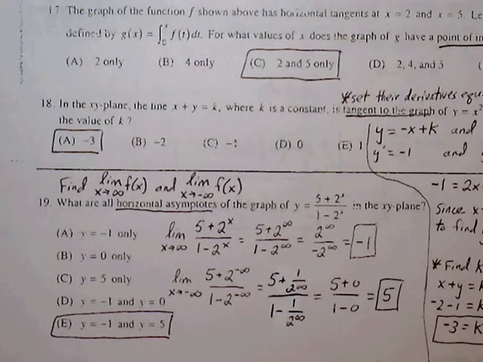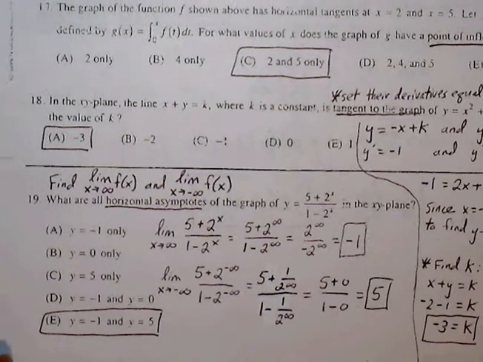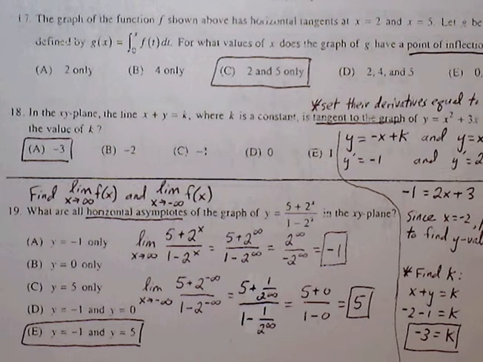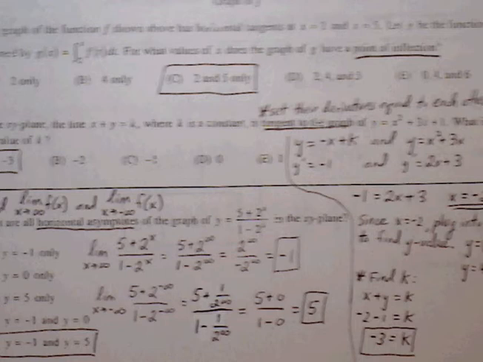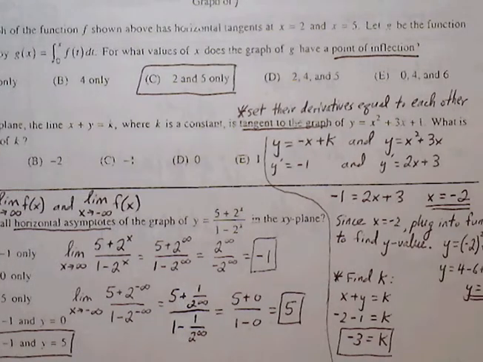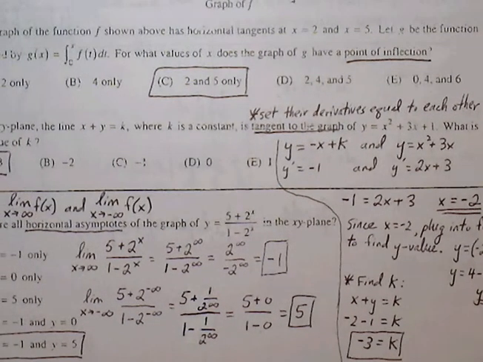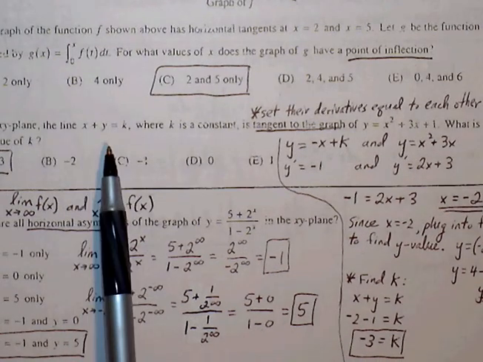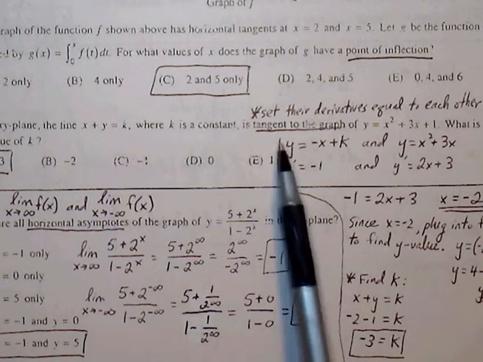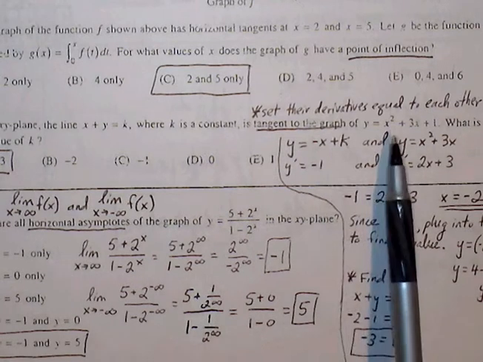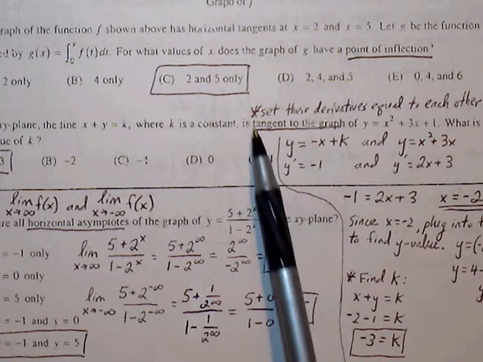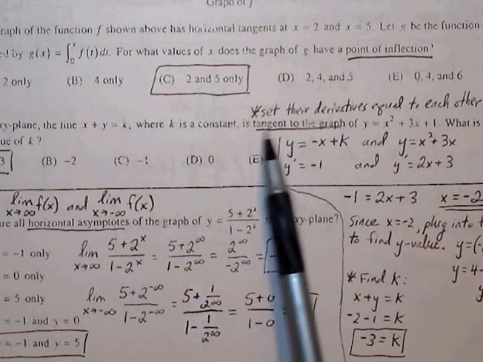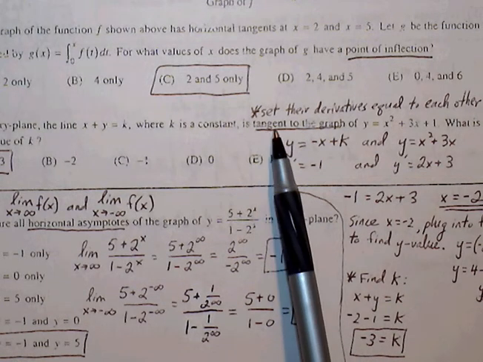Okay, number 18, in the xy plane, the line x plus y equals k, where k is a constant, is tangent to the graph of y equals x squared plus 3x plus 1. What is the value of k? And if we know that a line is tangent to a graph, there's a lot of information that we can take away from just this word here.